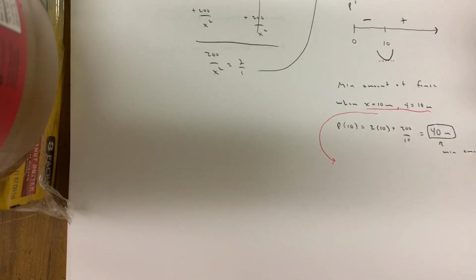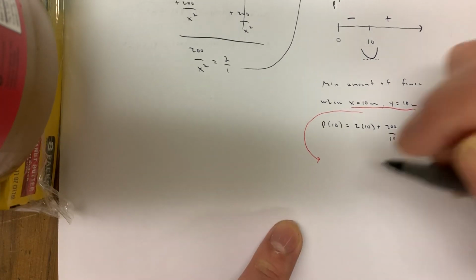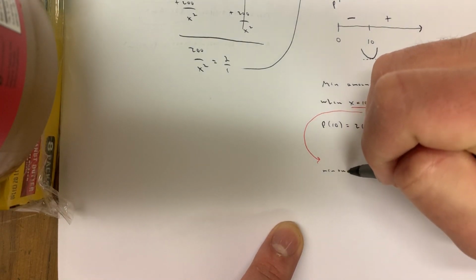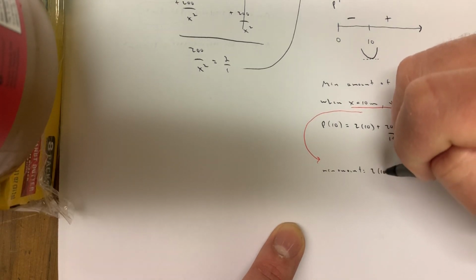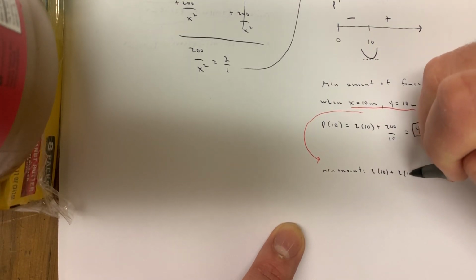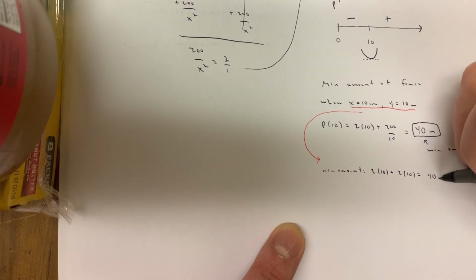But another way to get that the min amount is equal to 40 meters is to write min amount here and use that second formula, right? 2x plus 2y, or 2 times 10 plus 2 times 10, which is still 20 plus 20, which is still 40 meters.